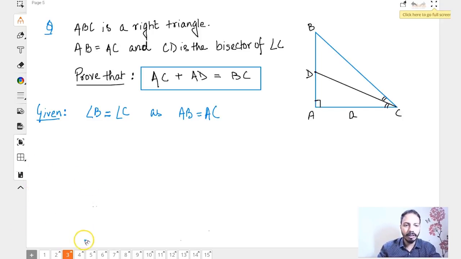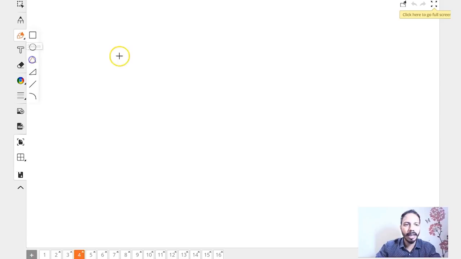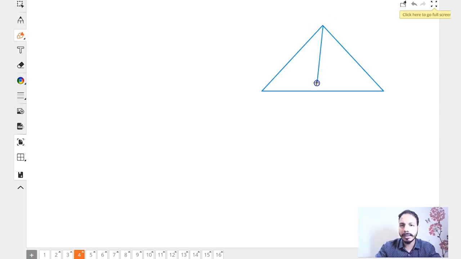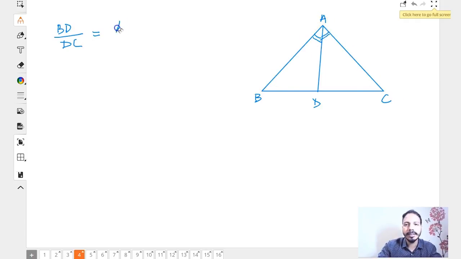Okay, so I'll give you a hint. If I have a triangle ABC, any triangle, and AD is the bisector of this angle such that this is equal to this, then the ratio BD by DC is equal to the ratio of the sides, AB by AC.